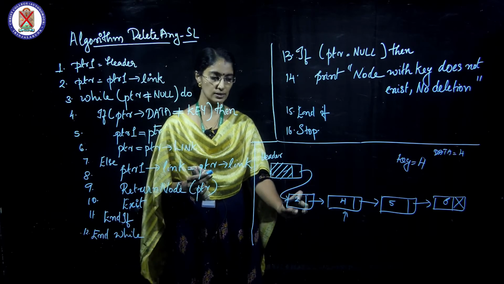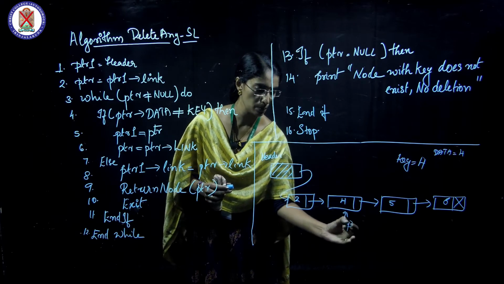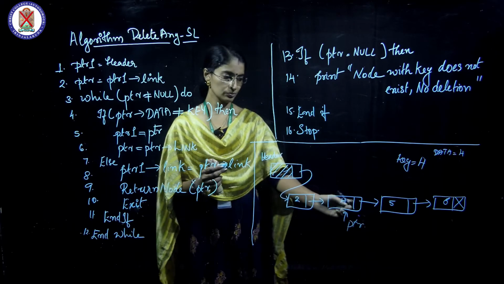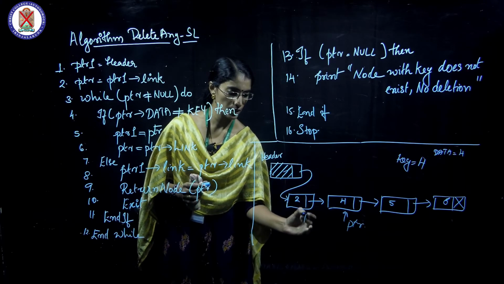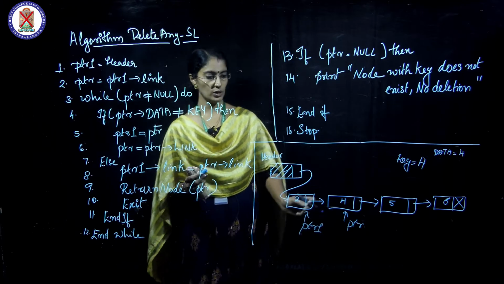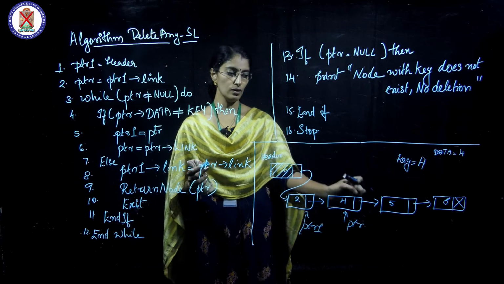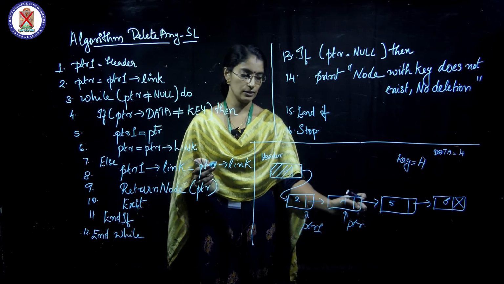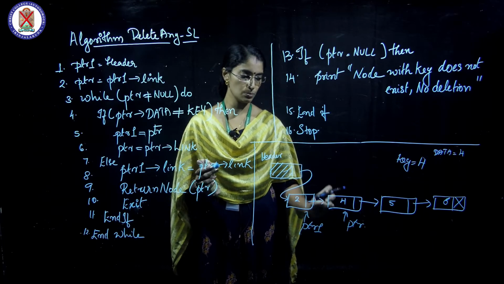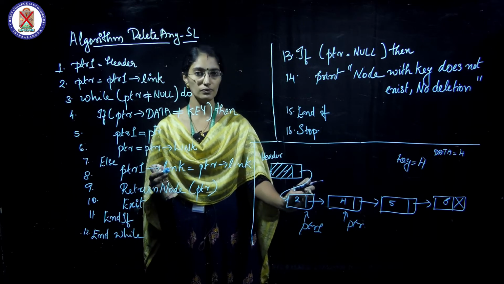Suppose this node is PTR, and the previous node can be named PTR1. Now the link part of PTR1 will have the value of PTR link. So if this node is PTR, the link part value now belongs to the link part of PTR1.